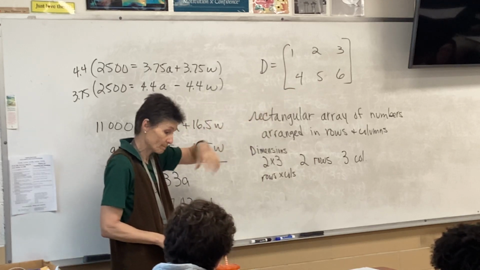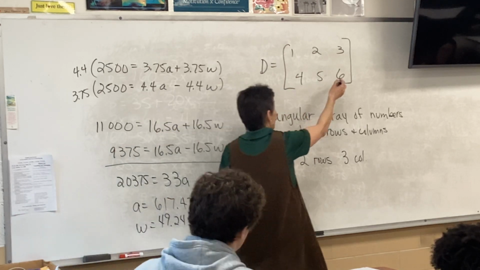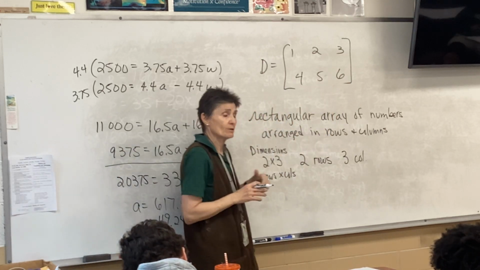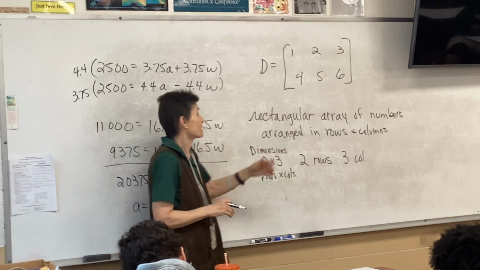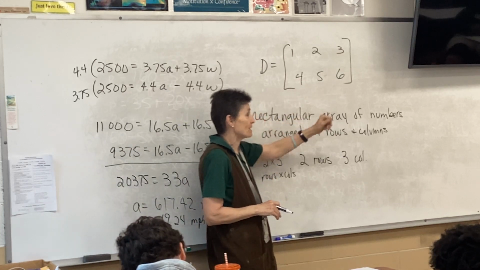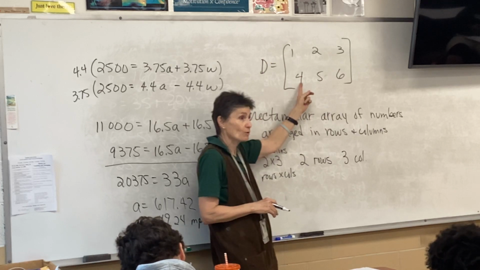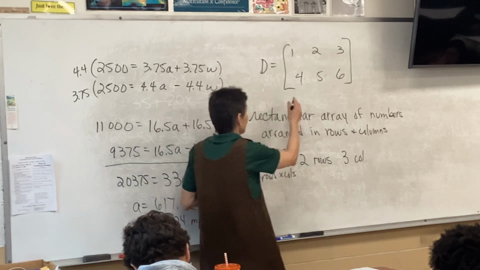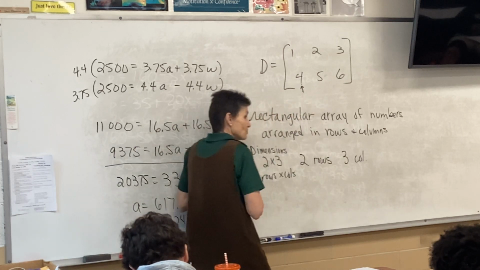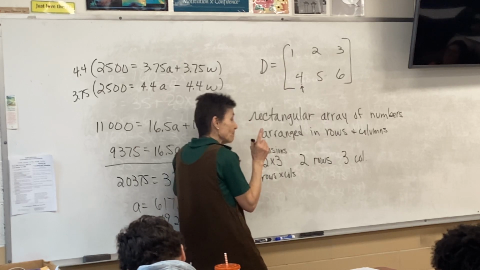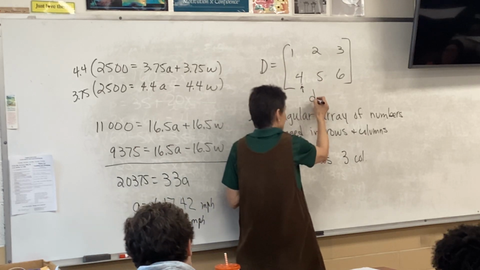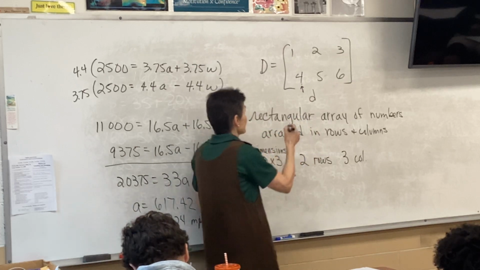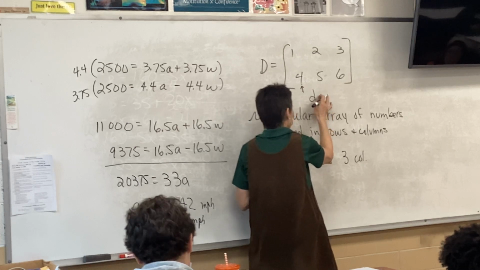Those are its dimensions. The numbers inside the matrix are called the entries or the elements. Either word, they're interchangeable. Entries and elements are the numbers inside the matrix. So this right here, that's an entry. If I wanted to talk about this entry, I would label it with a little d, because that tells me it's in matrix D, and its subscript would be 2-1.